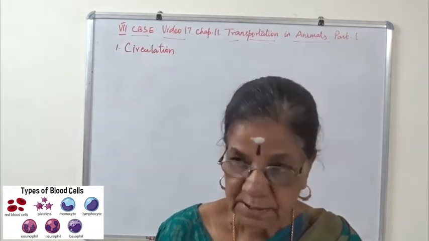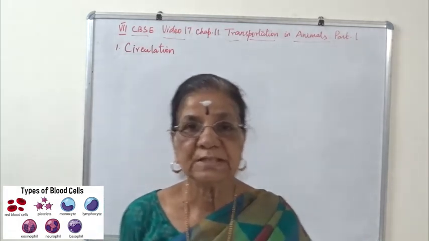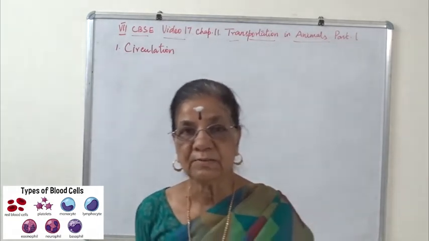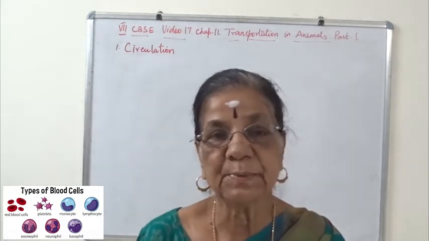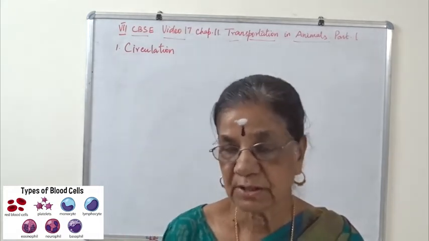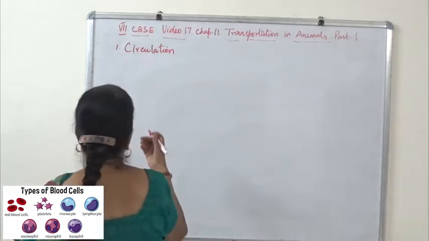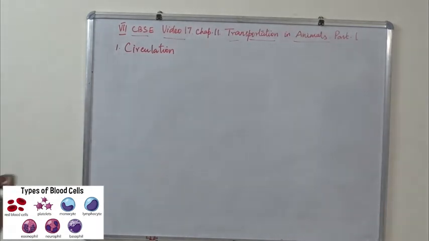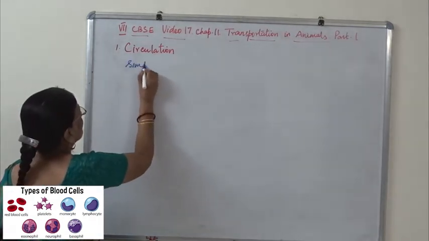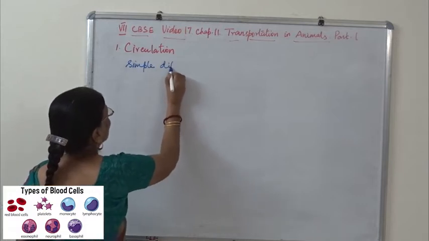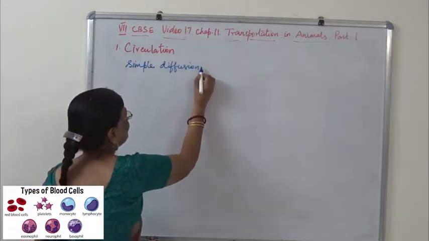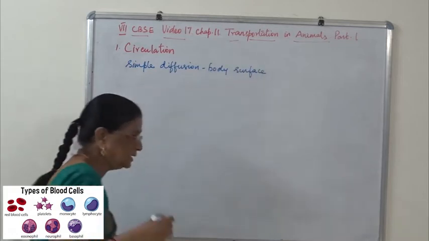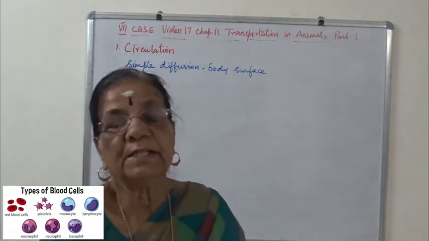For example, the protozoan amoeba, which has a unicellular structure, where exchange of gases takes place by simple diffusion through the body surface.